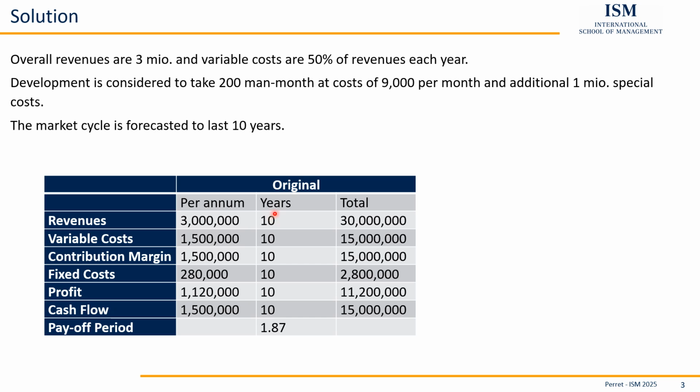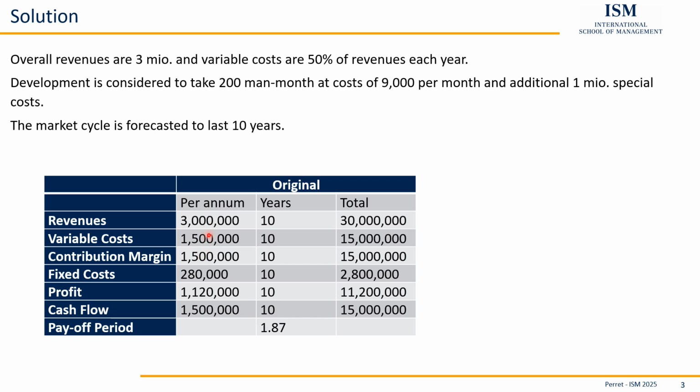Well, then what I'm going to do is first I'm going to start with revenues. Revenues here I know are 3 million per year, so I put 3 million here, and variable costs are 50% thereof, so 1.5 million. If I have revenues and variable costs, I can simply subtract variable costs from the revenues, giving me a contribution margin here of 1.5 million.